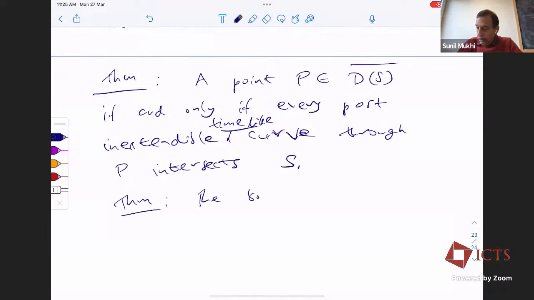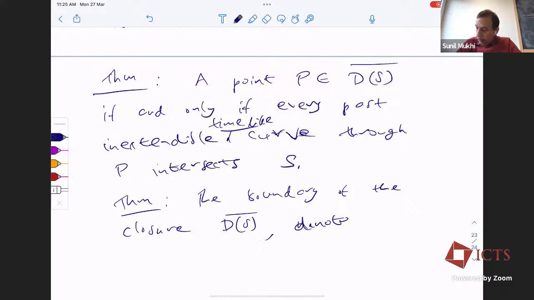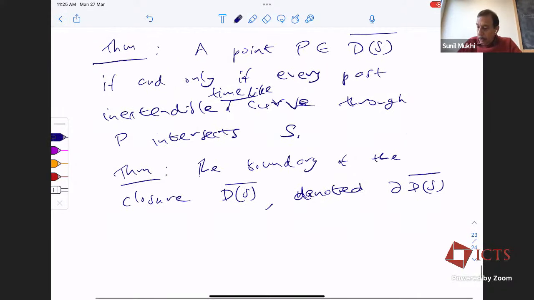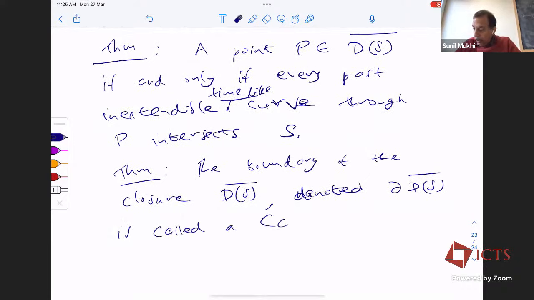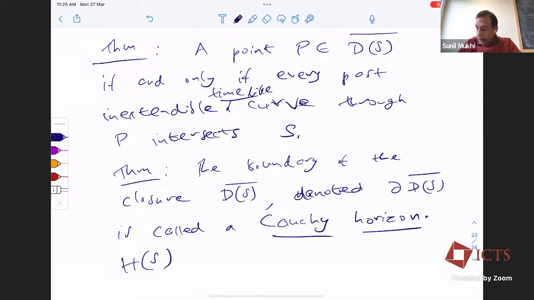The boundary of the closure of D of S, denoted del D of S bar, is called a Cauchy horizon. That's the definition. It's just terminology, and it's denoted H of S.